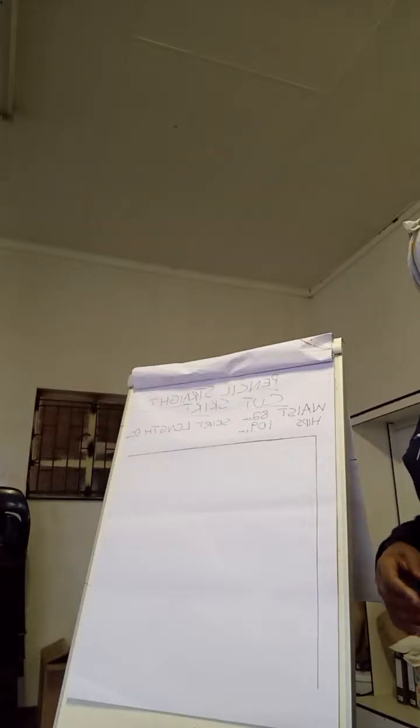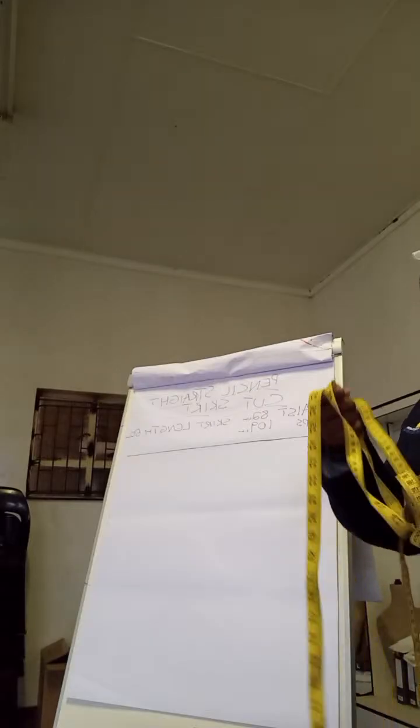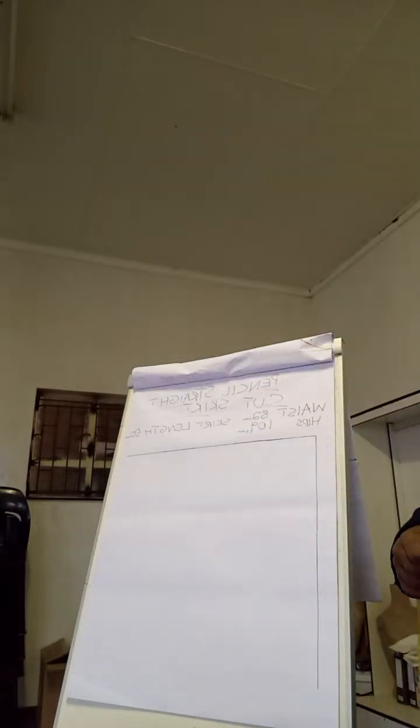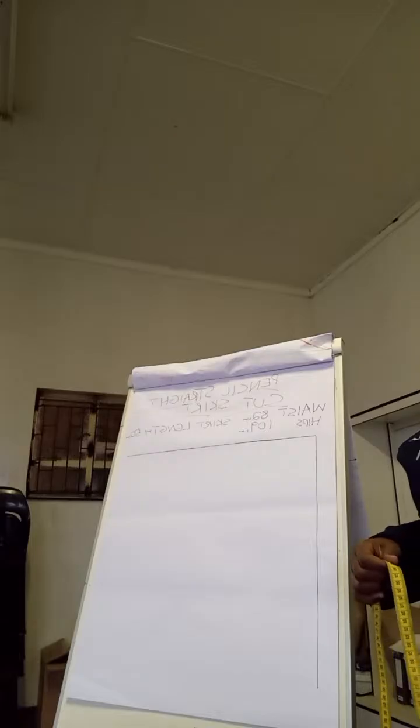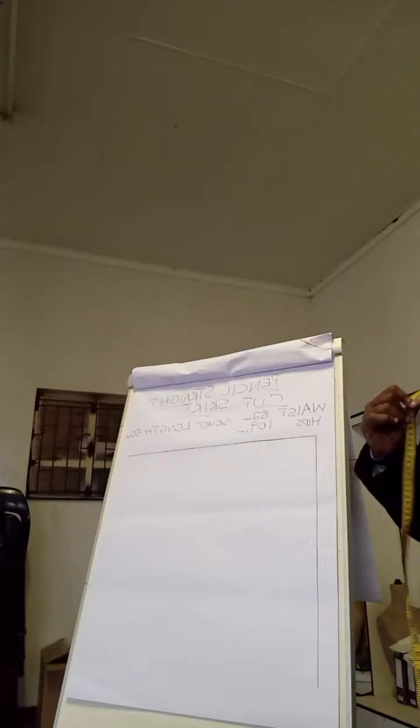So what you do is, you will use either this tape measure or the ruler. I know some of you like to use the ruler, and I don't like using the ruler. Tape measure is accurate.